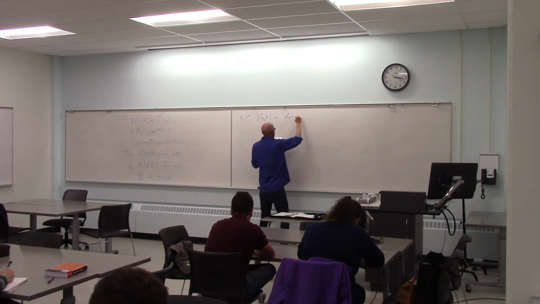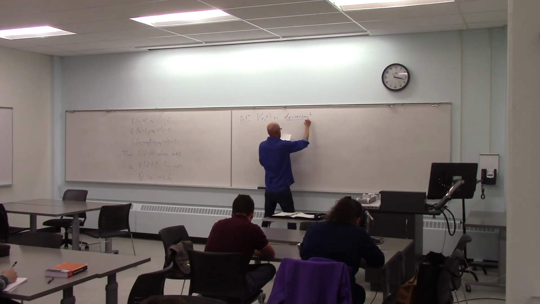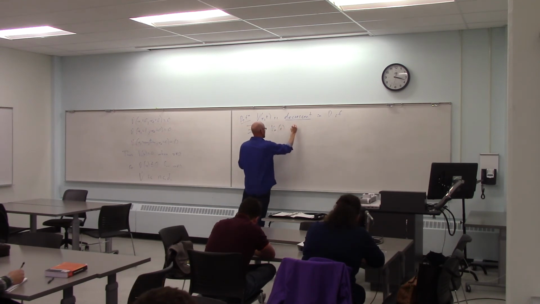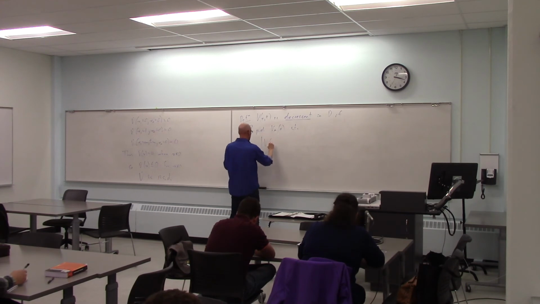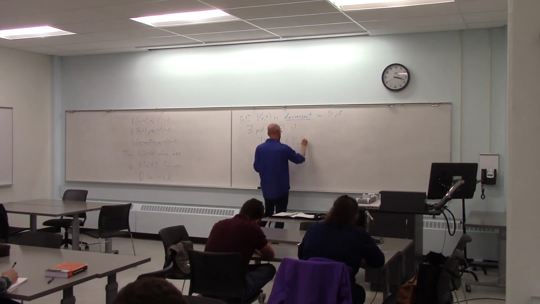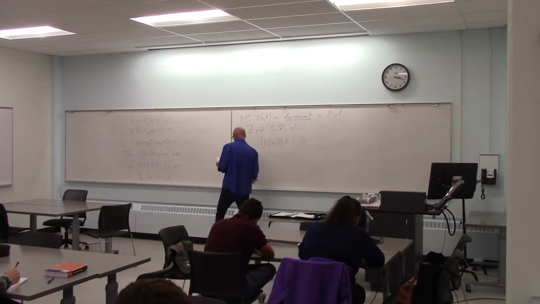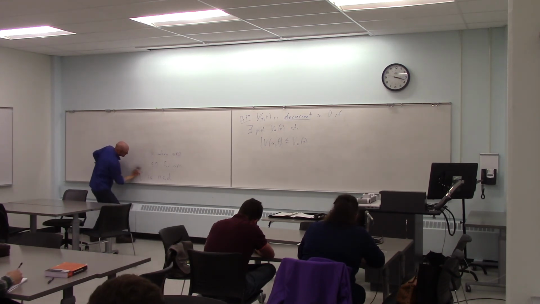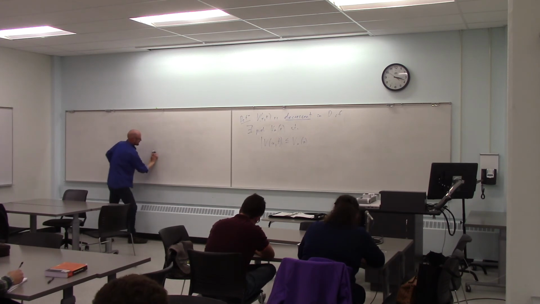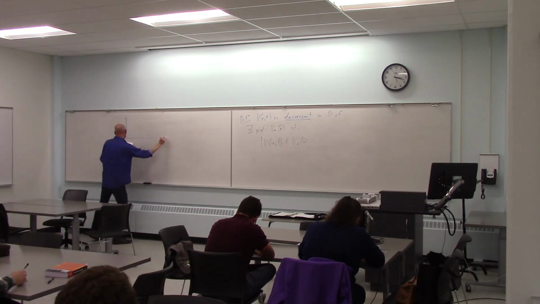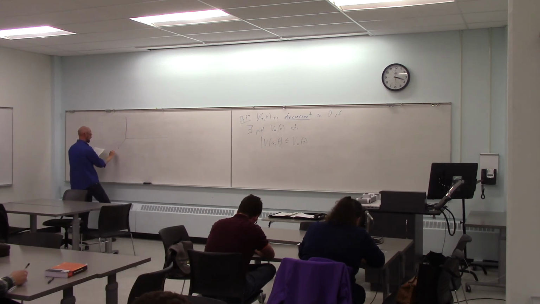So V of x and t is decrescent in D if there exists a positive definite V2 of x such that the magnitude of V of x and t is less than or equal to V2 of x. Let me draw that out. We're kind of talking about a three-dimensional thing here.